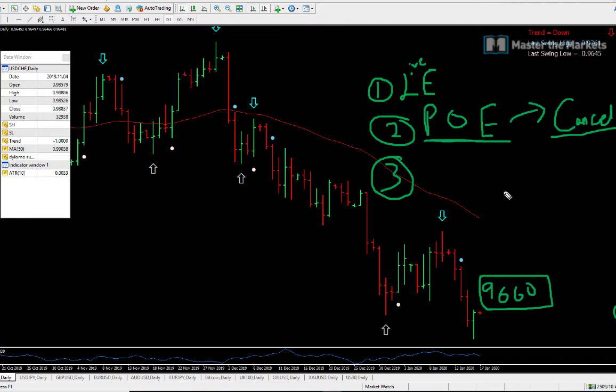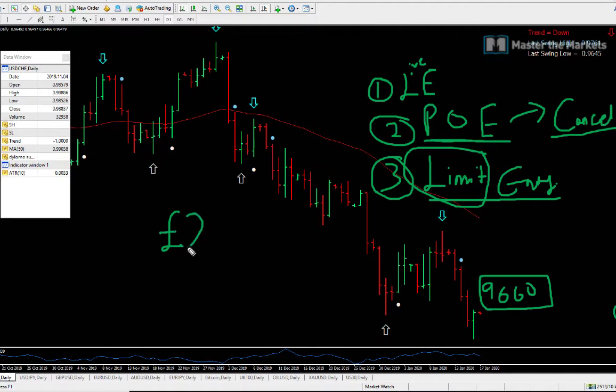Right, the third type of entry is what we call the limit entry. Now, what does that mean? A limit by itself basically means a better entry. Let me explain this in the simplest way possible. For example, say a MacBook laptop costs £2,500 at the moment.